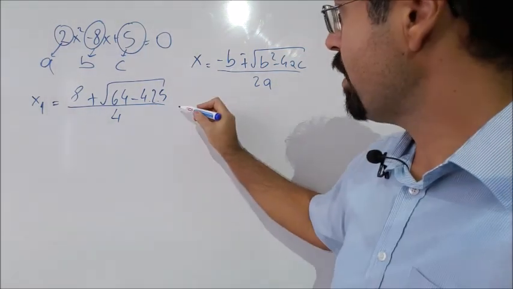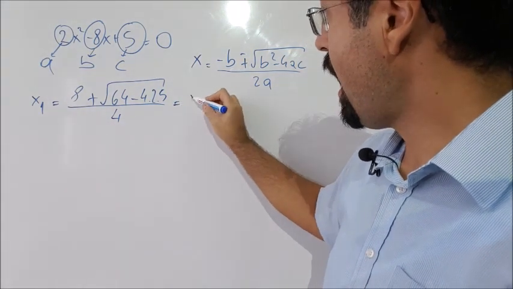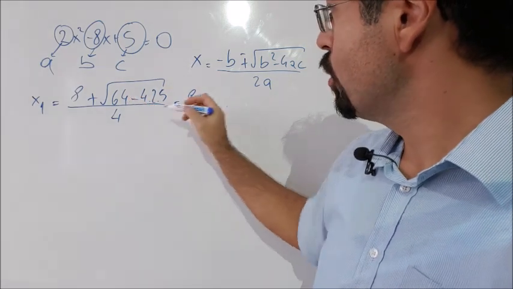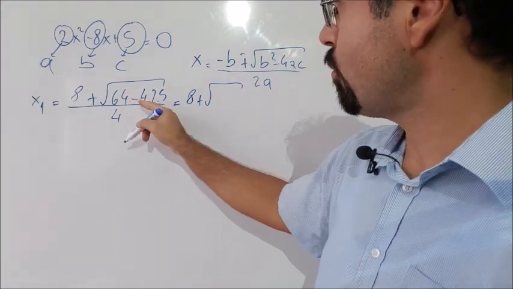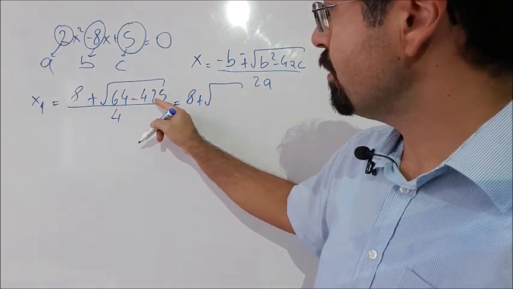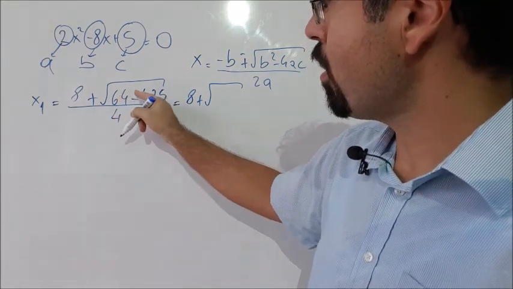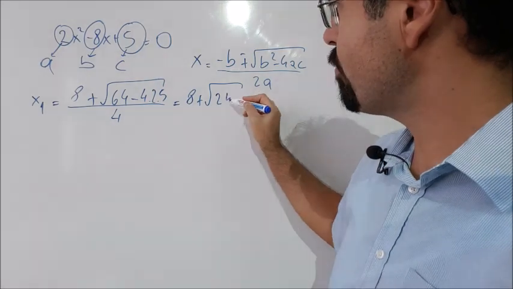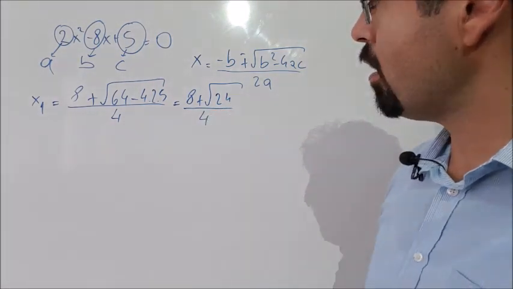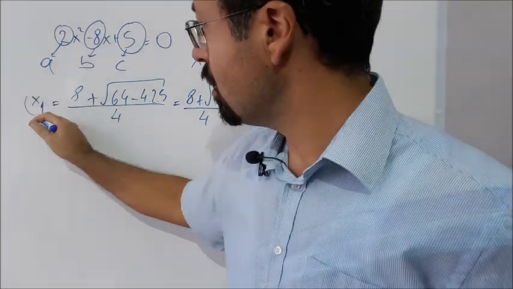So we have something like 8 plus root 64 minus 4 times 2 is 8, 5 times 8 is 40. So 64 minus 40 is 24 over 4. This is x1.